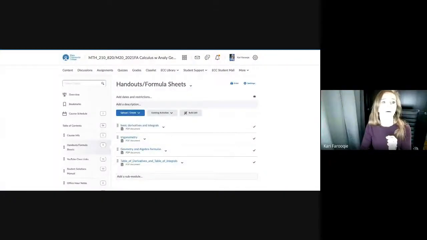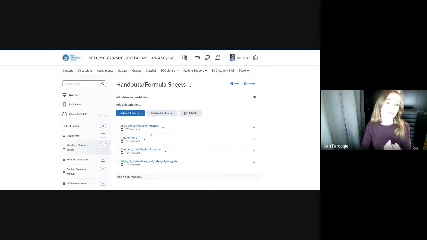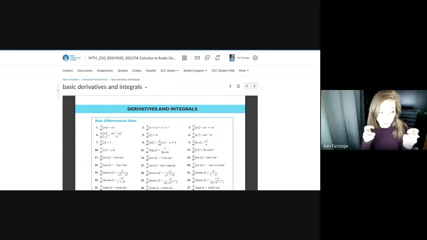Okay. So you should be seeing my D2L tab. This is the content section in D2L. There used to be something called derivatives and integrals. I just renamed it basic derivatives and integrals. This is just that sheet that I called a cheat sheet. It doesn't come from the Sullivan book because the Sullivan book didn't have a good variation on this, so I pulled it from a different text that I used years ago.